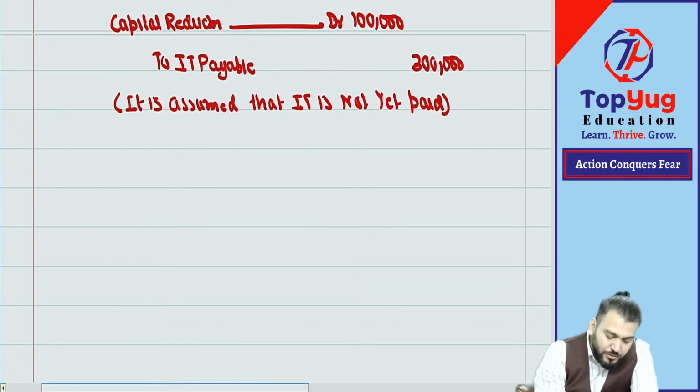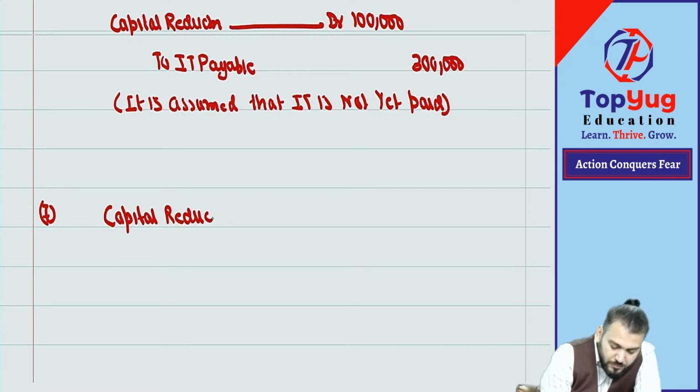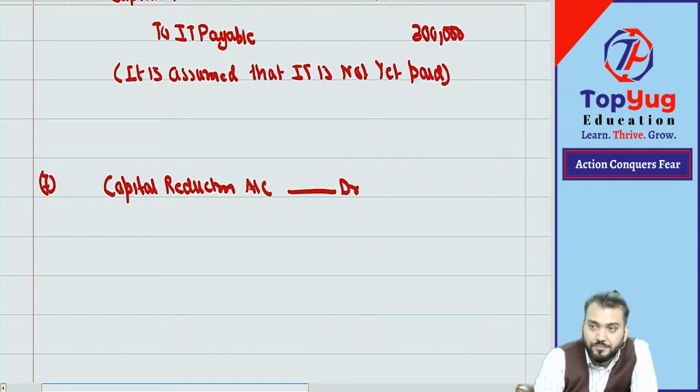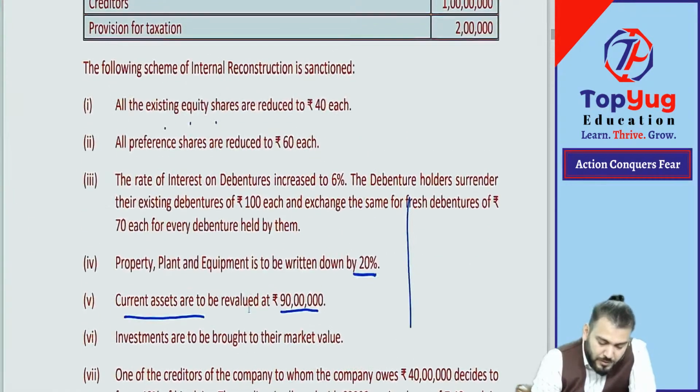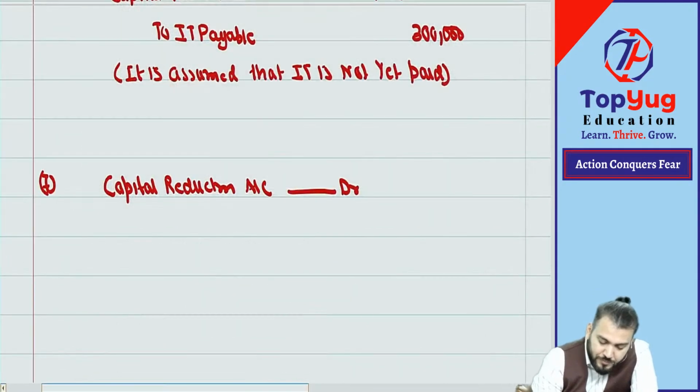That is understood. So point number 7 is capital reduction account debit. How much? What is the debit balance of PL account? 12 lakh.